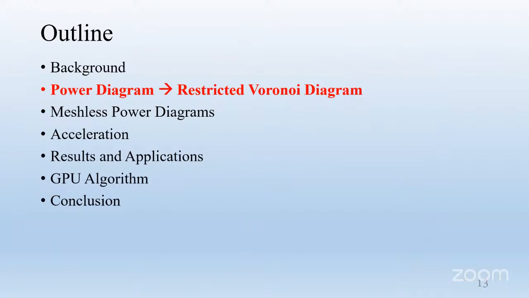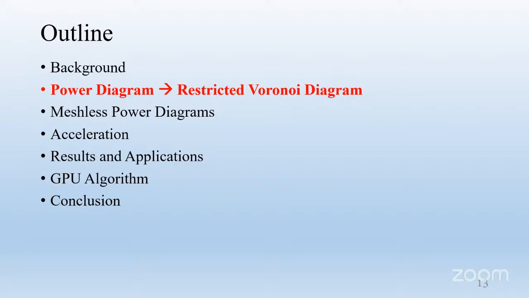Fortunately, we found that any power diagram is actually equivalent to a restricted Voronoi diagram in the space of one dimension higher. This property allows us to apply the meshless method to the computation of arbitrary power diagrams.